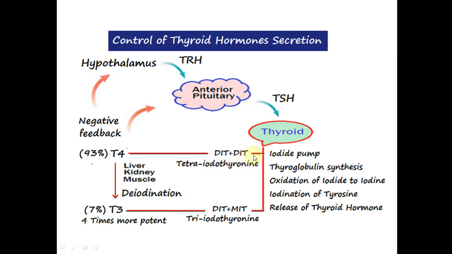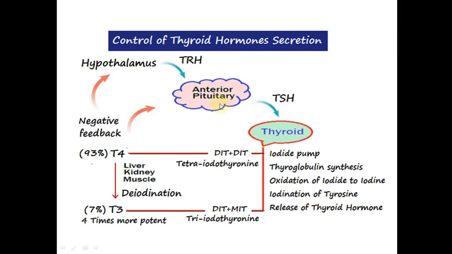Now, the thyroid gland forms these hormones under the control of the anterior pituitary gland, which secretes thyroid stimulating hormone. And thyroid stimulating hormone is essential because it stimulates all the steps in the formation of the thyroid hormones.